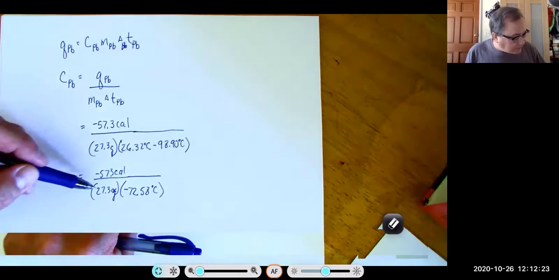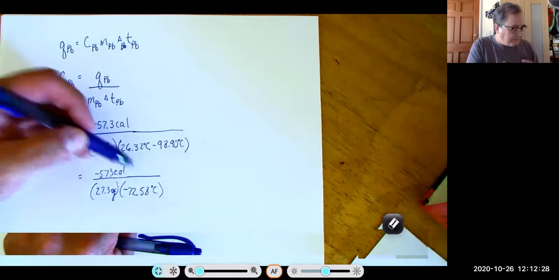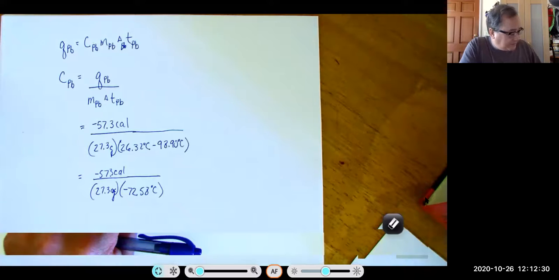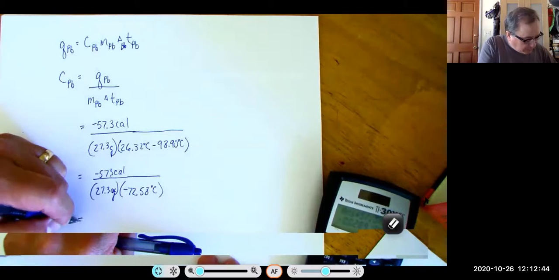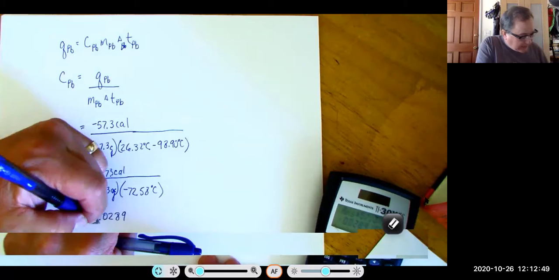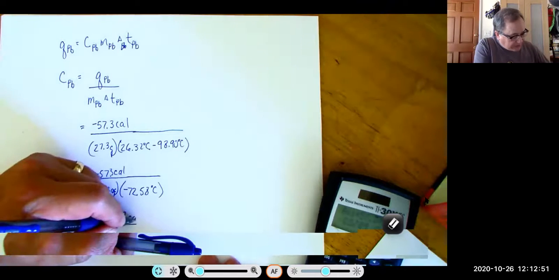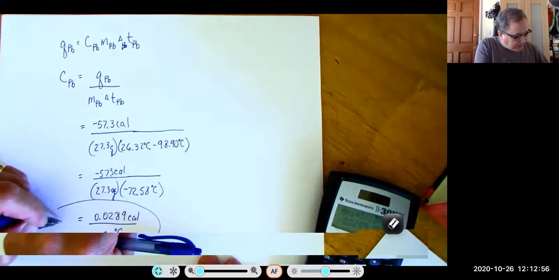And 27 goes into 57 two times. 2 over 72 is more than 2%. So I'm going to have to say 0.02, but a little bit more. So maybe 0.03, something like that. But between 0.02 and 0.03, right? And so I get 0.0289, and the units are calories, grams, and degrees Celsius. And there's your specific heat capacity of the lead.